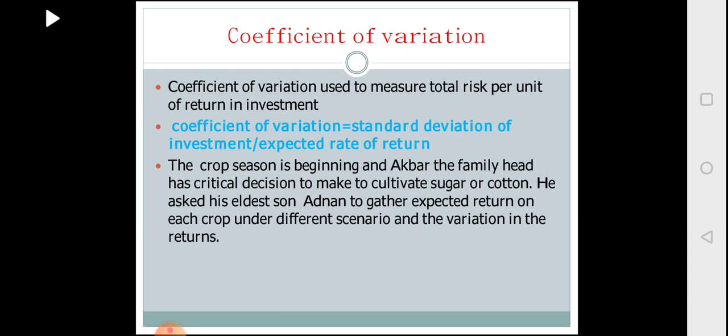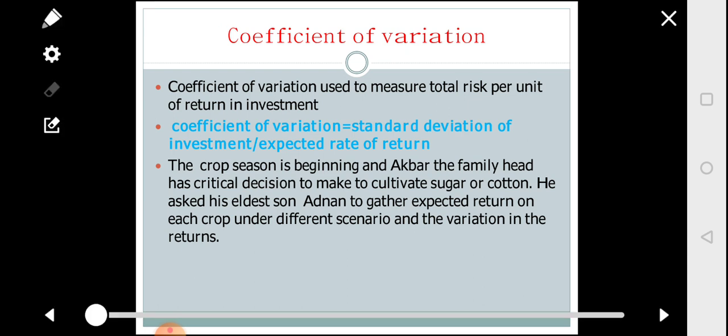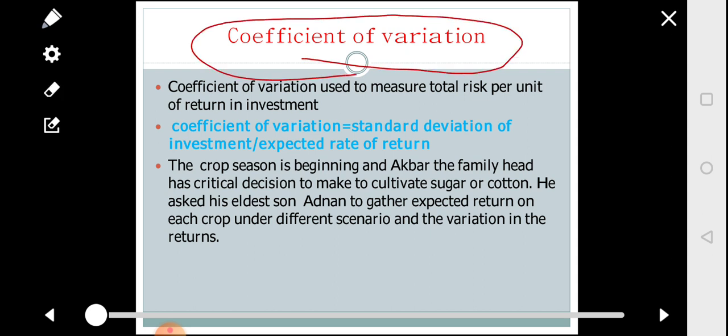Let us discuss today's topic, that is coefficient of variation. Coefficient of variation is one of the important topics of statistics. All of you know coefficient of variation is used to measure the risk factor in any kind of investment.